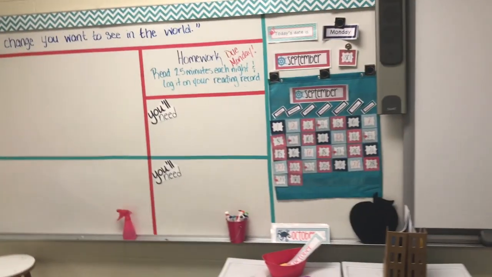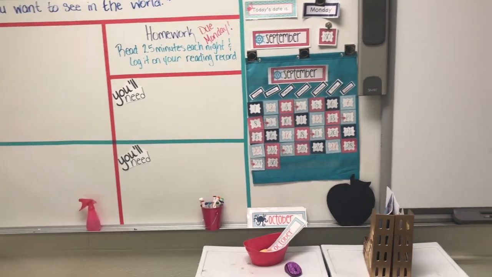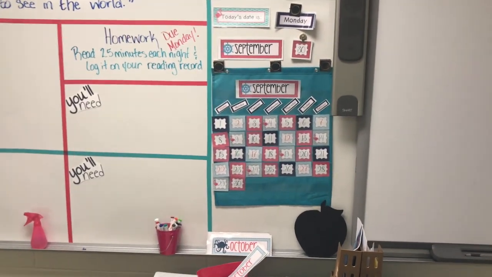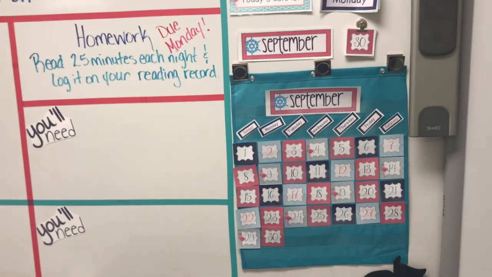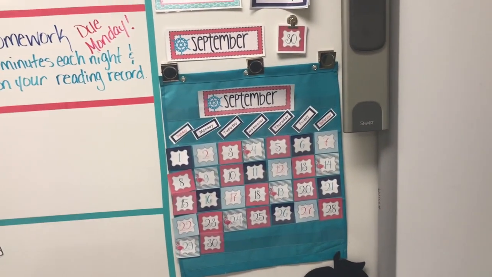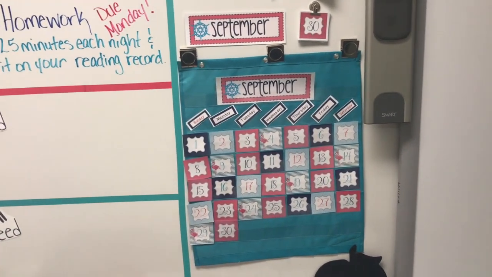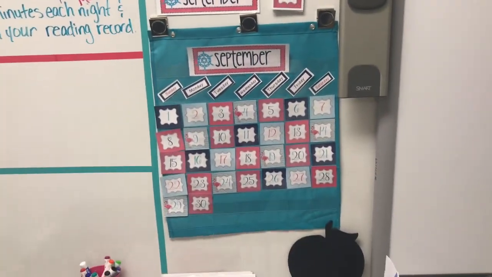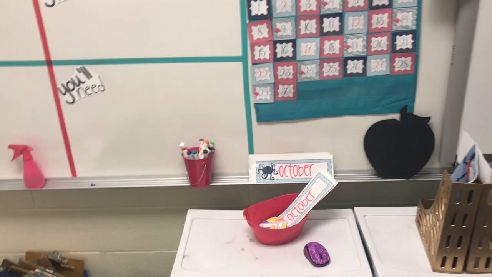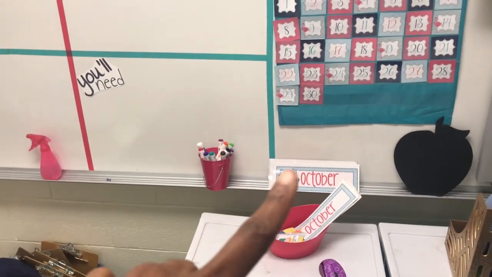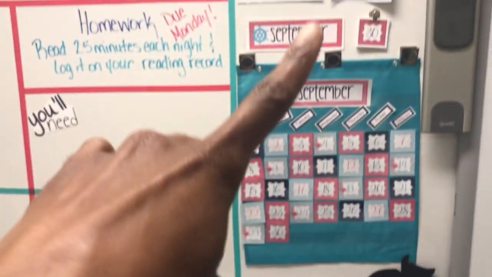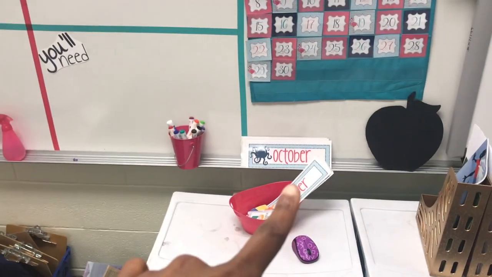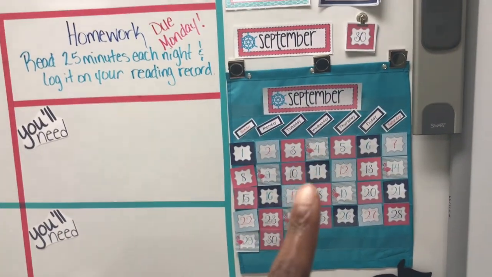On the other side of the whiteboard I have my calendar, and I did decide to keep the organizer that I got from Michael's. It looks great with the calendar set that I got from Teachers Pay Teachers. So I have the extra months there for hanging up, and then I have the extra months there to put on the actual calendar.